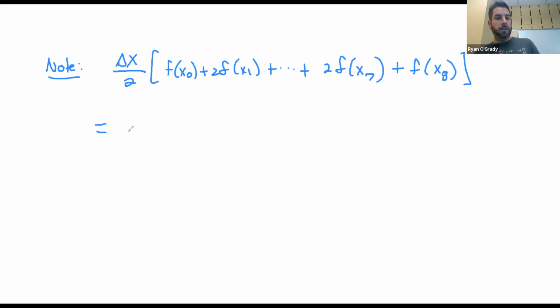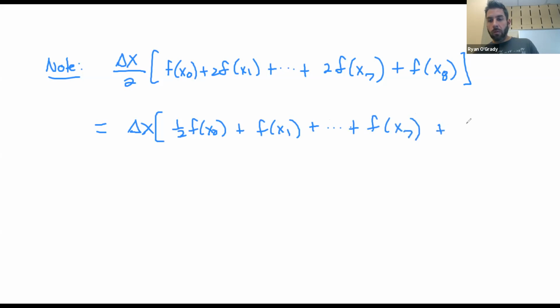This is the same thing as delta x times 1/2 of the first guy, plus all the guys in the middle, which don't have any 2 in front of them, and then 1/2 in front of the last guy. So that's two ways to write the same thing. What I did yesterday is I used this version, and what I did today is I used this version, but they're equivalent. Does that make sense?